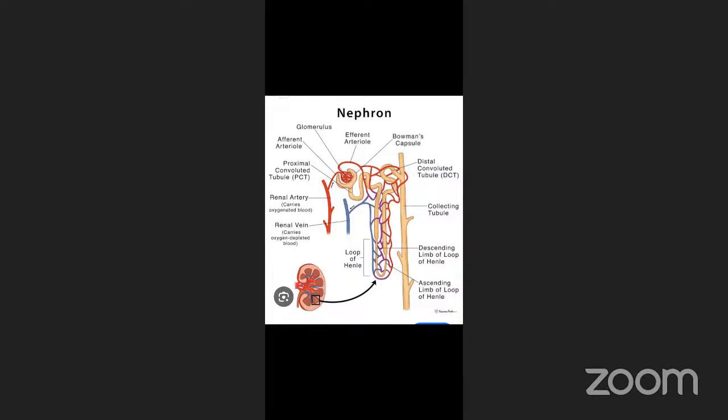That one describes the structure and sizes of the parts of the kidney.